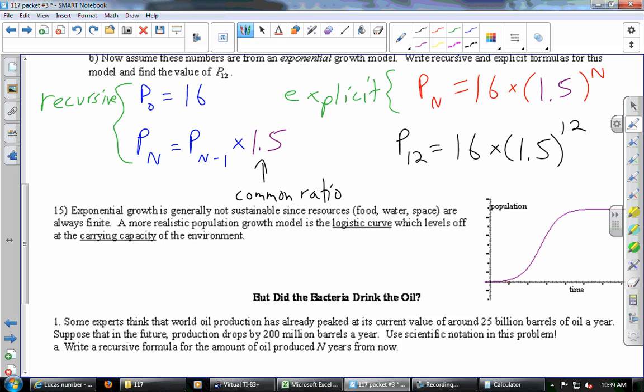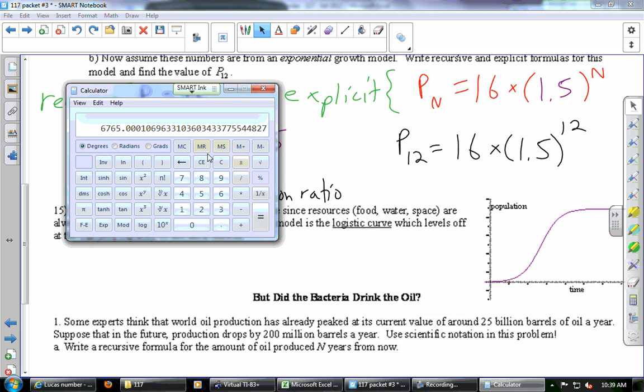If I want to find P12, 12 goes right up there. And this is something we can find on the calculator. 16 times 1.5 to the 12. So I'll do it on this guy. 16 times 1.5 raised to the 12th power. And the 12th number in our list is about 2076.